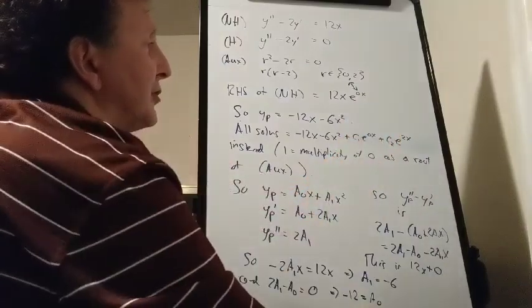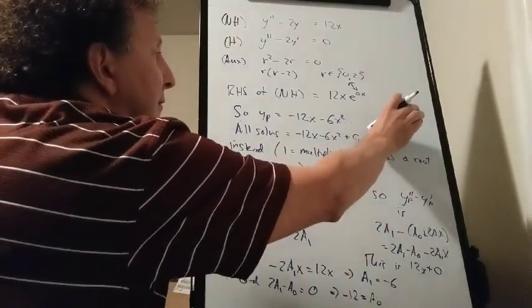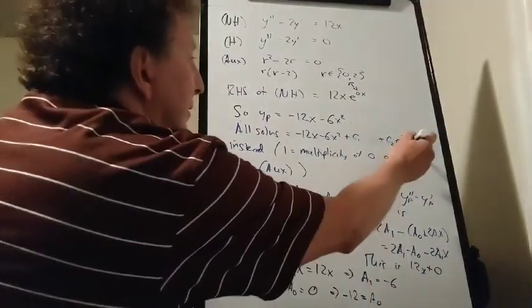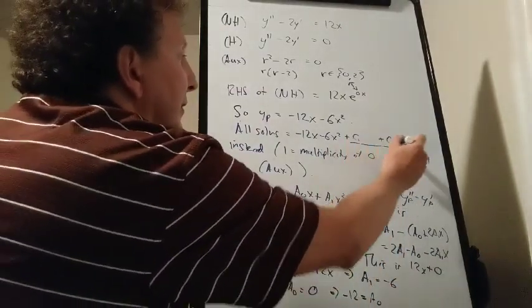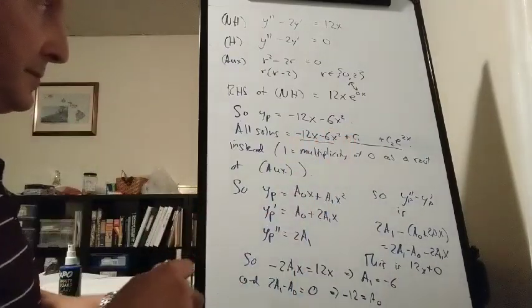E to the 0x is just 1, so I can say any constant. This comes from the homogeneous equation, and this is our particular solution.